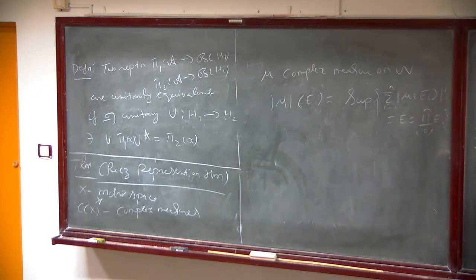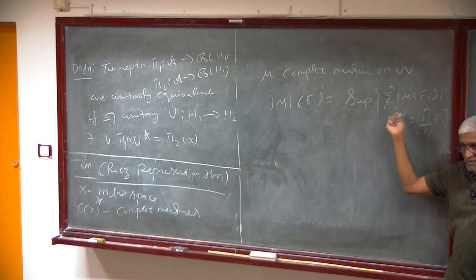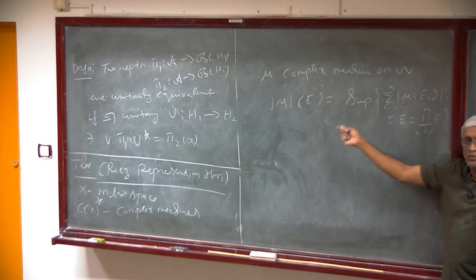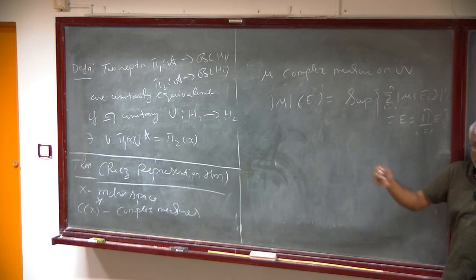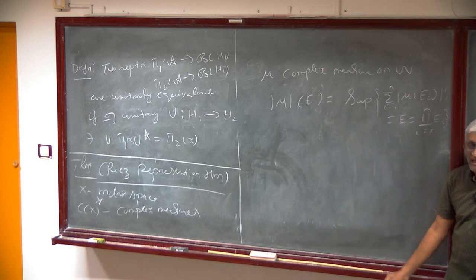This is how total variation is usually defined for functions and other things. You take all partitions and take the supremum of this. This will be a measure. You can prove that this is a positive measure, which is a slightly long proof.